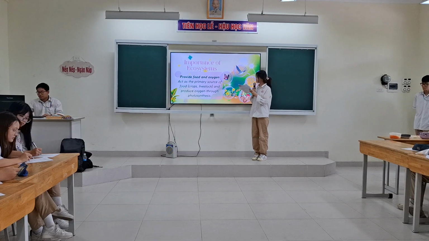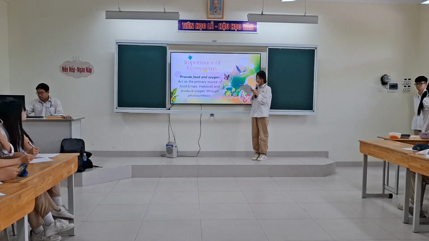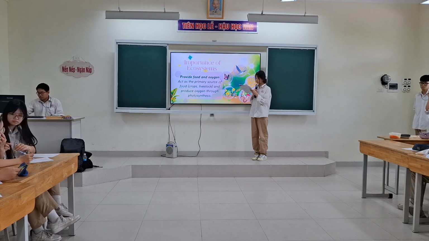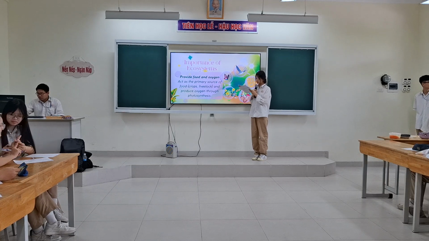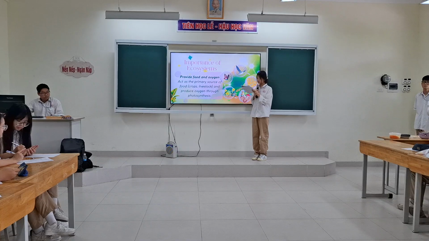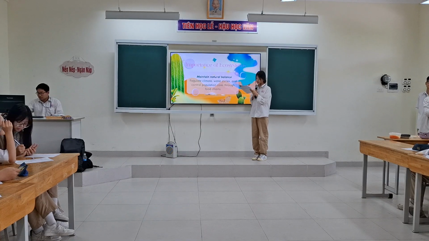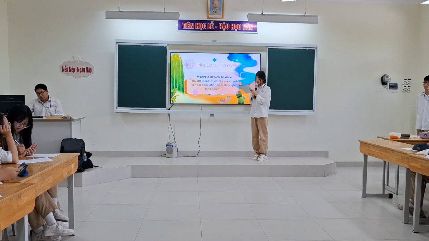Importance of ecosystems. One, provide food and oxygen. Ecosystems are the main source of food for humans, including crops, livestock, and seafood. In addition, plants in ecosystems carry out photosynthesis, producing oxygen that is essential for humans and other living organisms to survive.